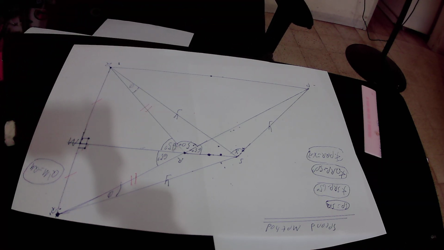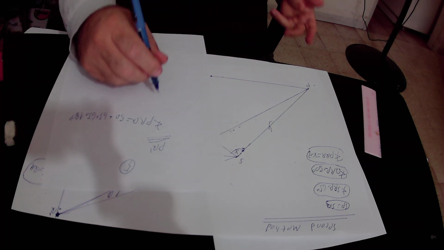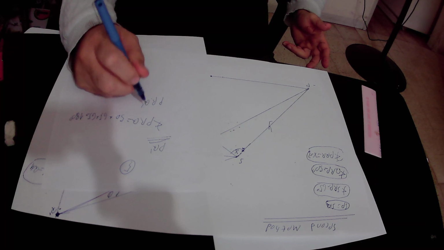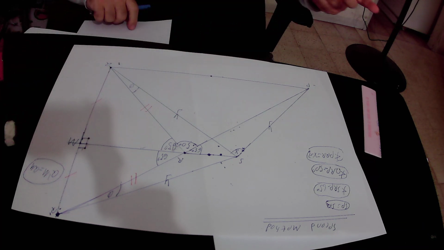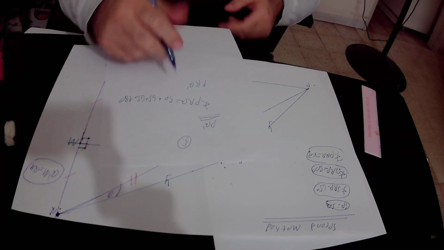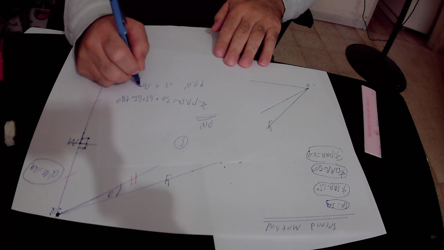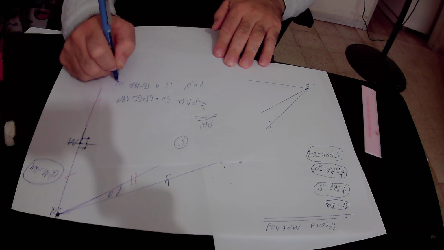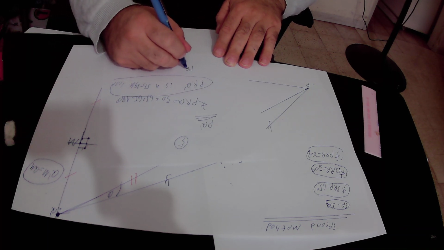Actually, any angle that equals 180 degrees must be a straight line. Therefore, the line segment PRQ dash is a straight line, because it is an angle that equals 180 degrees. So if PRQ dash is a straight line, then PQ dash must also be a straight line.